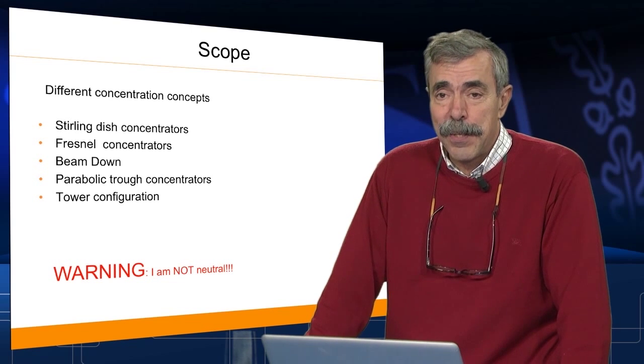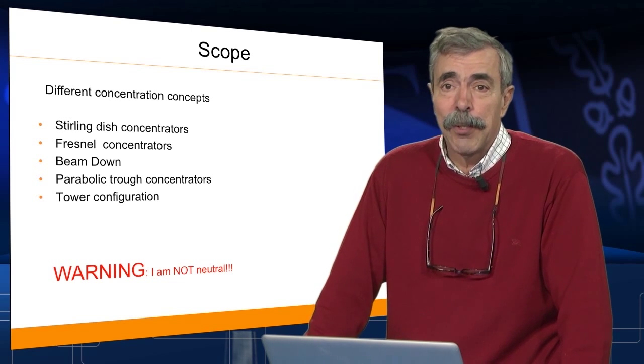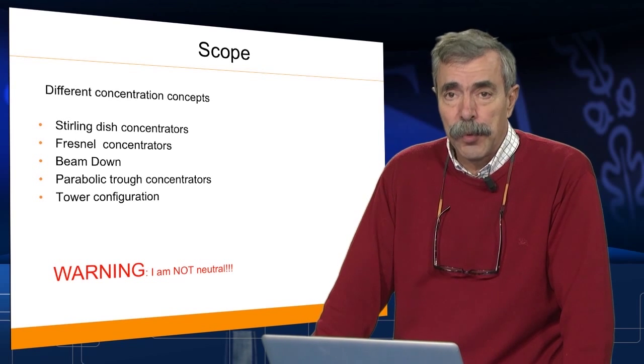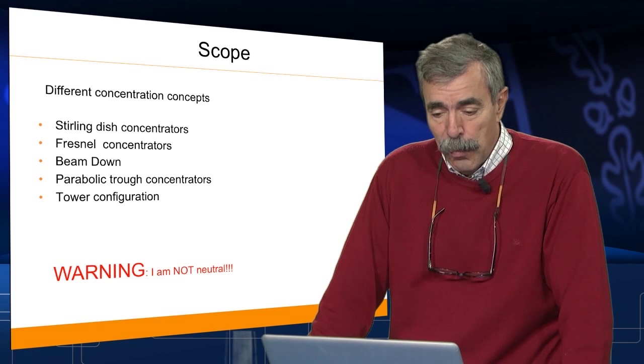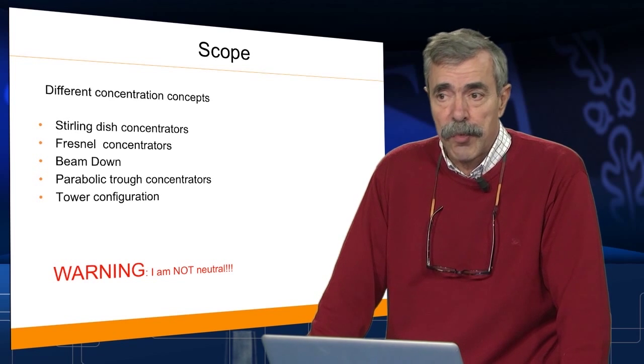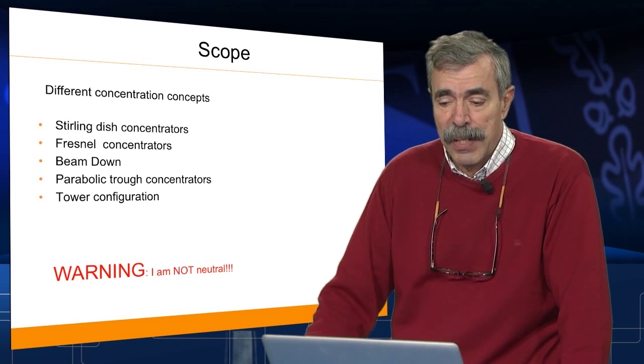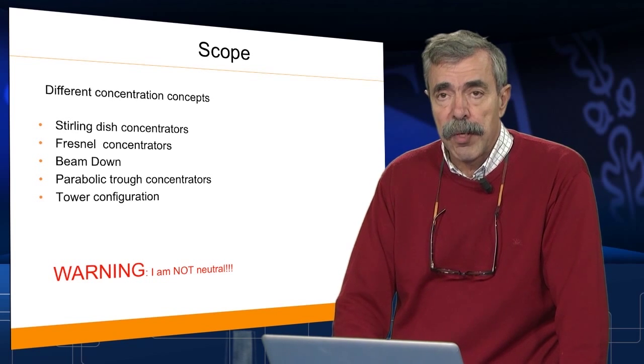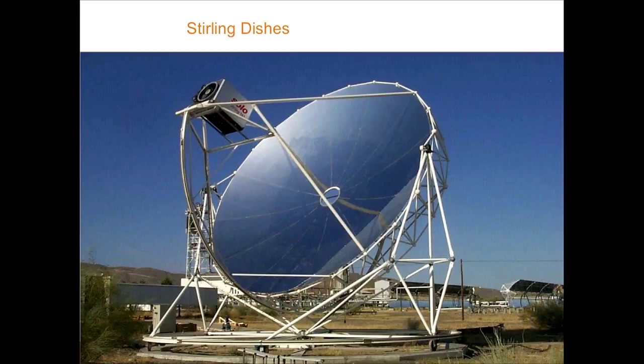My idea is for you to pay attention to what I'm going to say, and create your own criteria when I speak about the pros and cons, the advantages and disadvantages, of every individual concentration concept. So the first technology I'm going to be describing is the Stirling dishes.